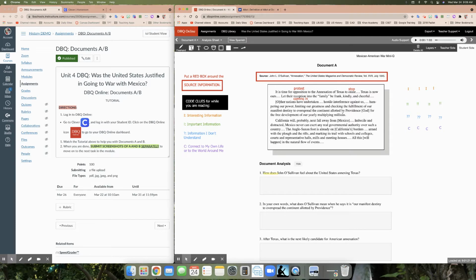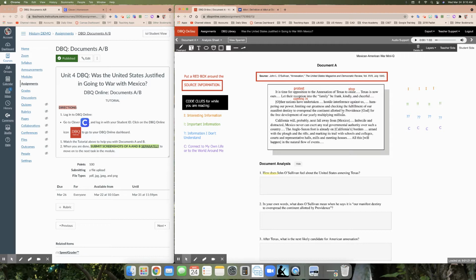Okay, hampering our power, so limiting our greatness and checking the fulfillment of our manifest destiny. Well, I remember from checks and balances that when you're checking one group against the other, you're making sure that they're doing things correctly. So they're trying to put a stop to make sure that it's okay.